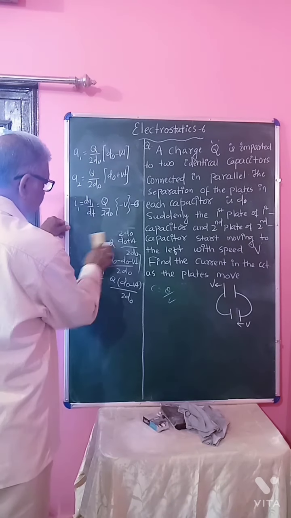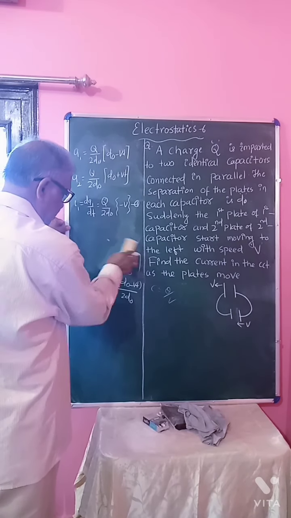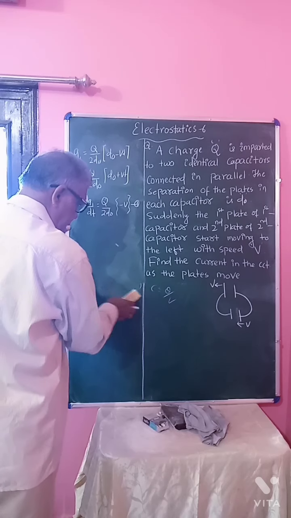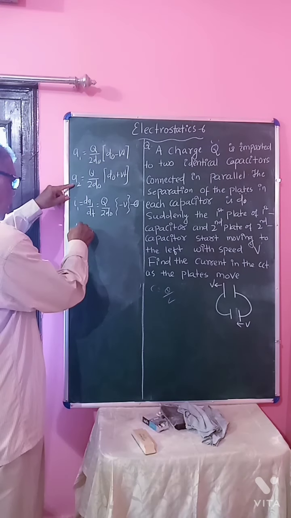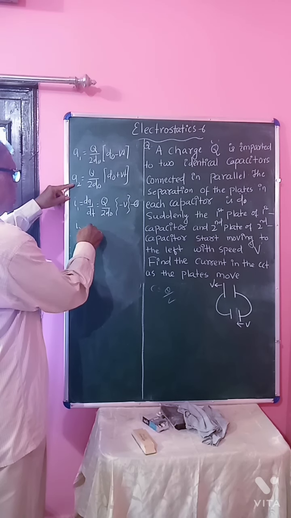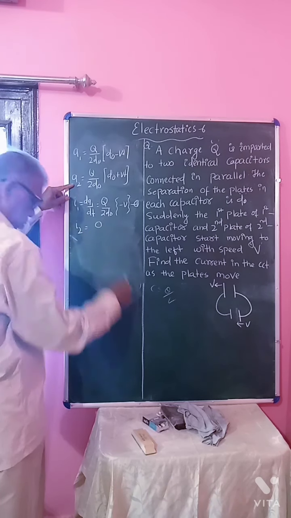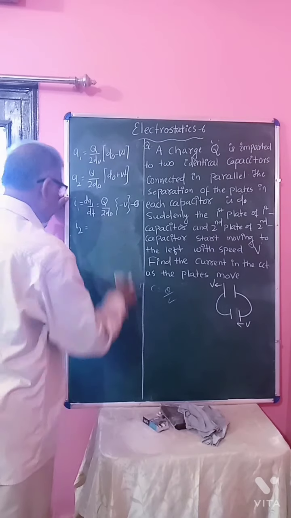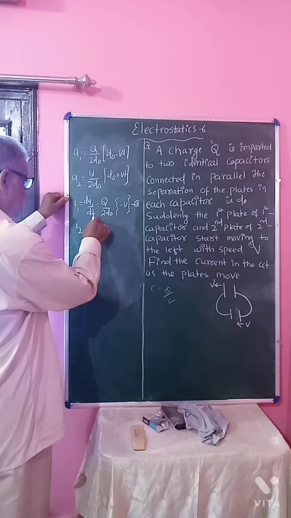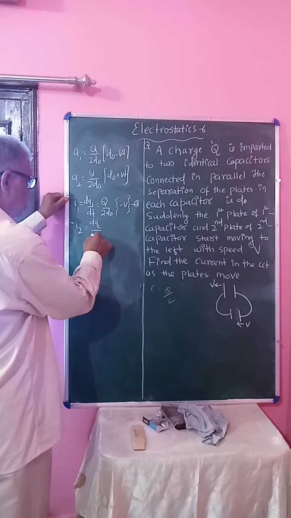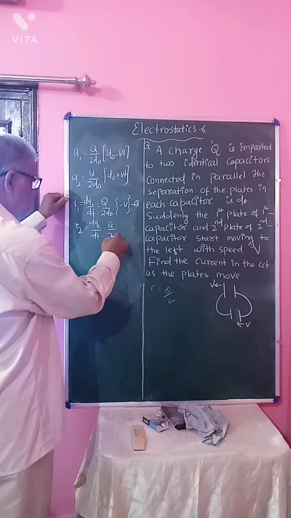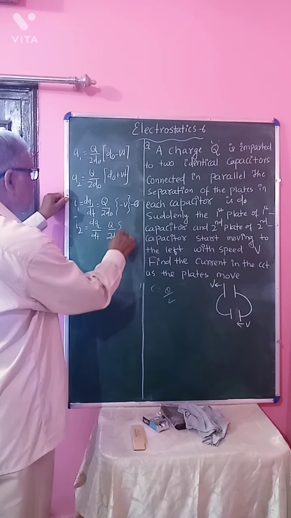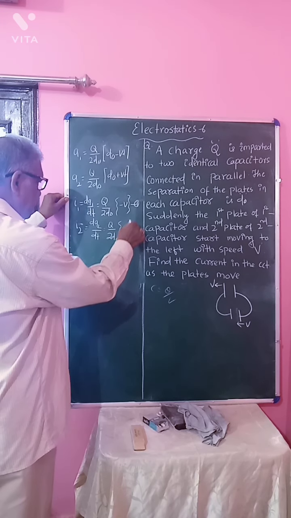Similarly, if you differentiate the expression for the instantaneous charge Q2, I2 is equal to dQ2 by dt, that is, Qv upon 2d0 with a plus sign.